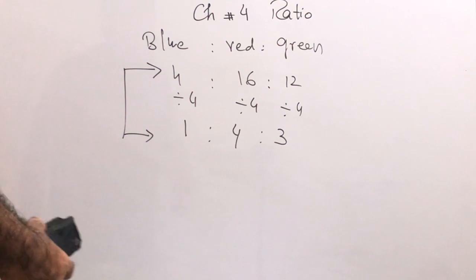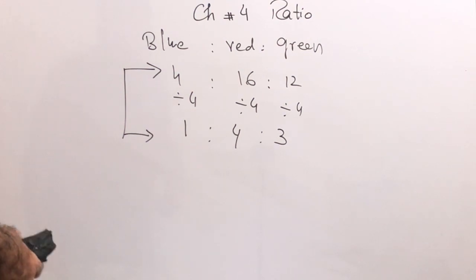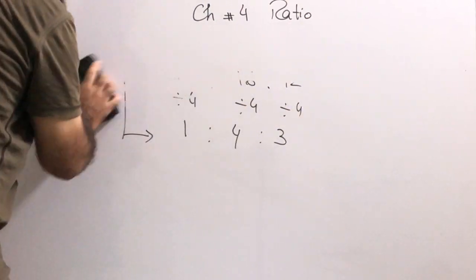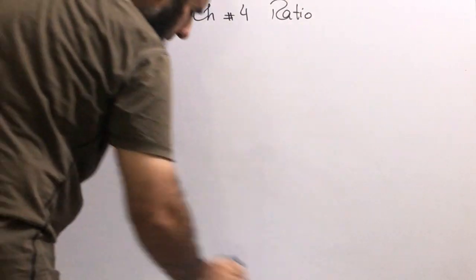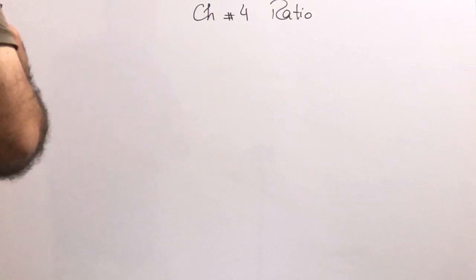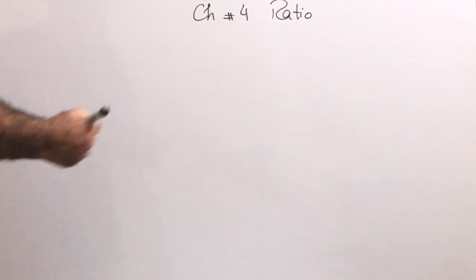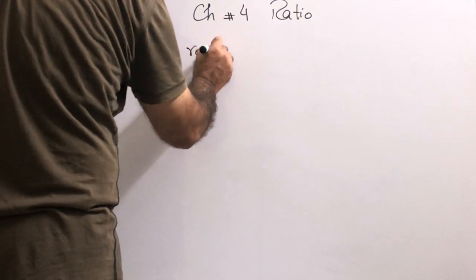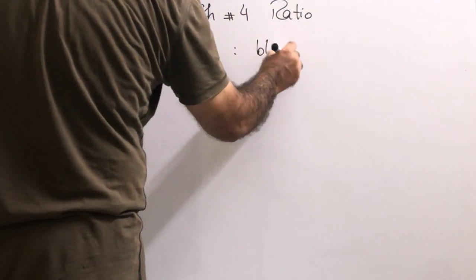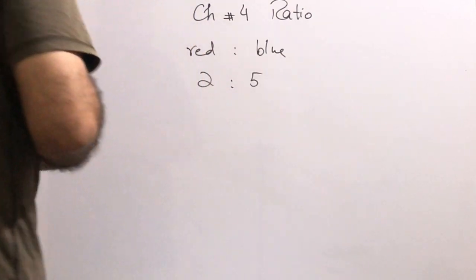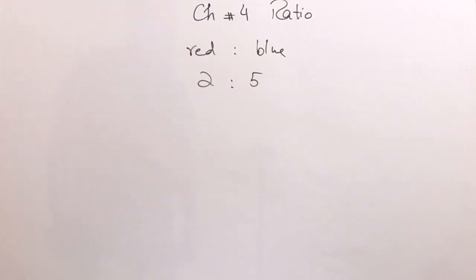Then we will move to page number 68. We will see what's coming on our way to learn. The ratio of the length of the red ribbon to the length of the blue ribbon is 2 ratio 5. There is red ribbon and there is a blue ribbon, and the ratio is 2 ratio 5, okay. The length of the red ribbon is 2 over 5 the length of the blue ribbon.